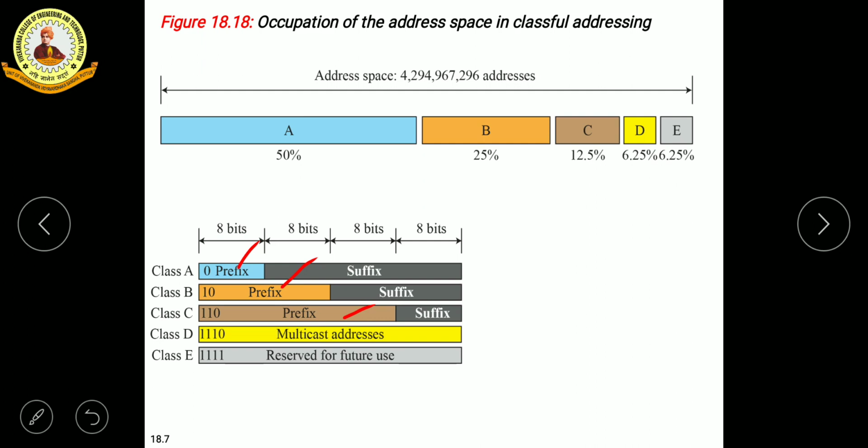N is 8 in case of class A, n is equal to 16 in case of class B, n is equal to 24 in case of class C. As you decrease n, that is the value of prefix, suffix will get increased. What we have discussed about prefix and suffix: prefix describes networks, and suffix describes nodes.